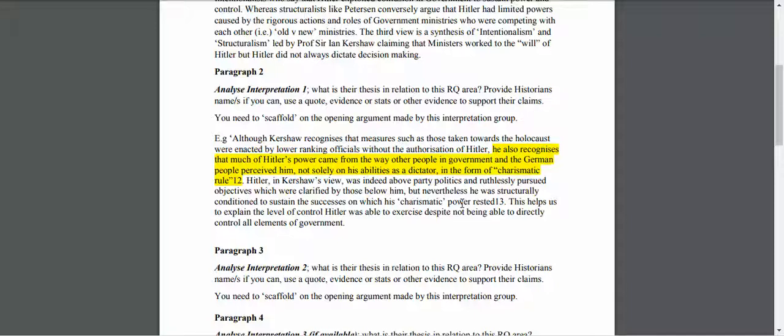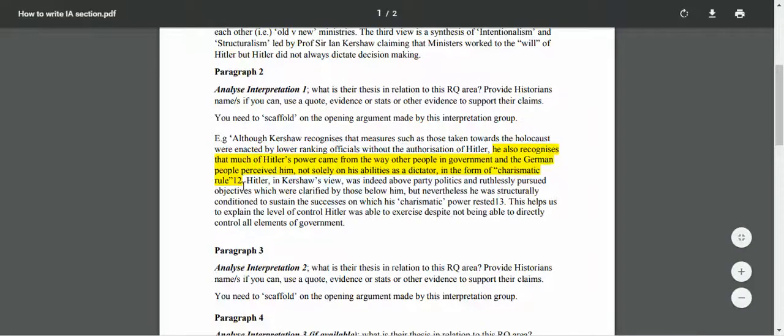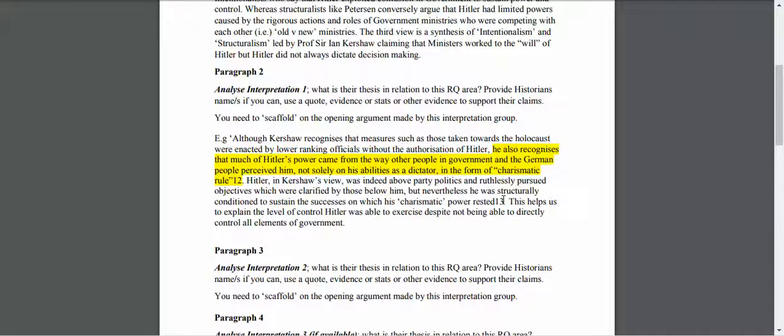You'll also notice in that example that I have been citing, the footnote numbers are there, 12 and 13, and it would be an expectation really that you would be able to produce something like between 8 to 15 citations while you're writing section 2. It's really, really important that there are plenty of citations that arise out of your research.